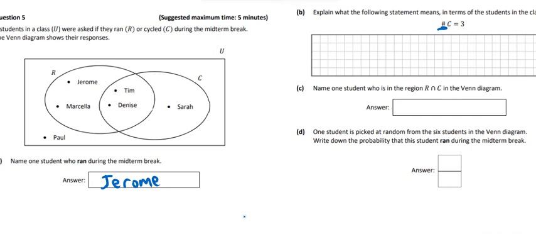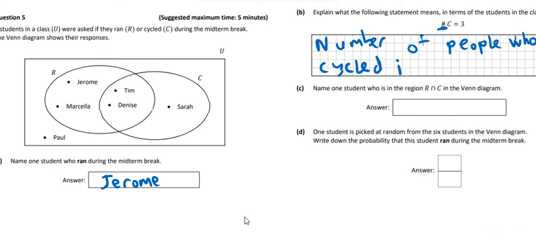C is the people who cycled. So the number of people who cycled is 3.